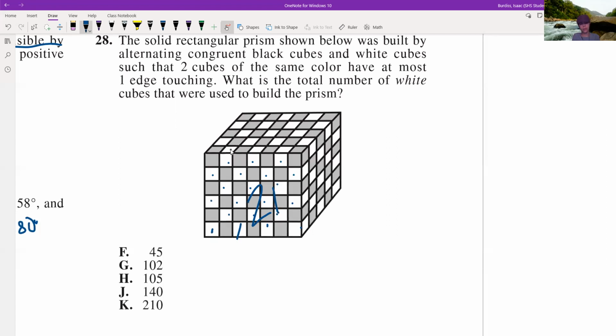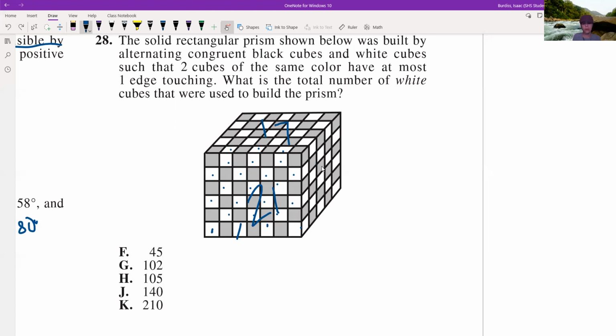And then 1, 2, 3, 4, 5, 6, 7, 8, 9, 10, 11, 12, 13, 14, 15, 16, 17. 17 on this thing, which means there's also 17 on this side because these have the same pattern. Oh, wait, no, they don't. Oh, second guessing myself.